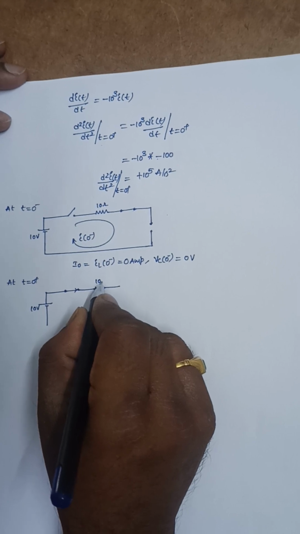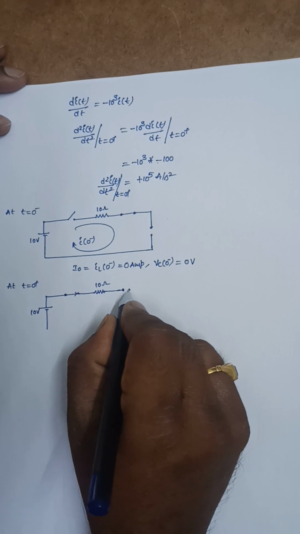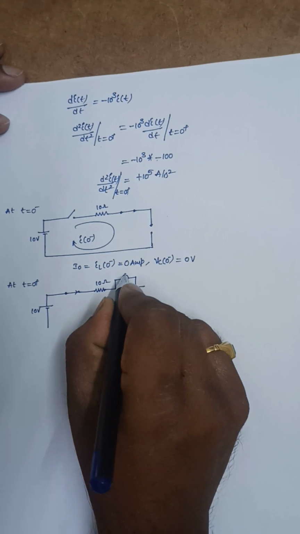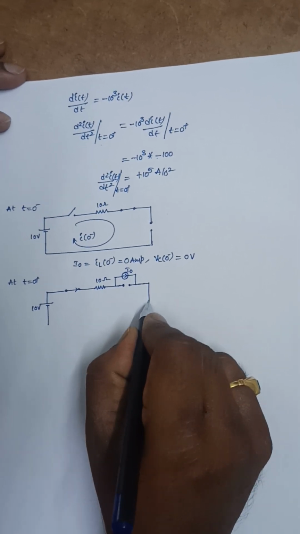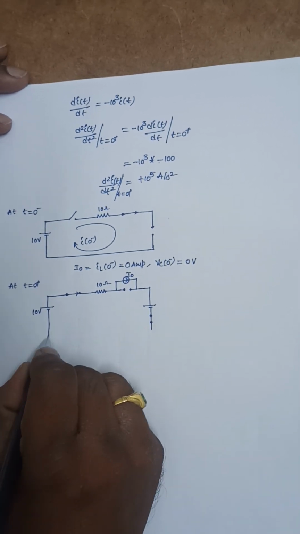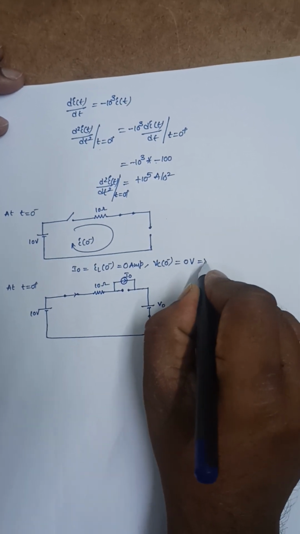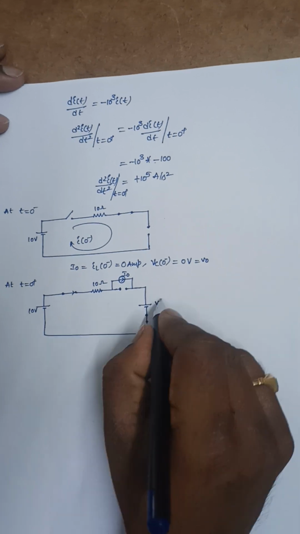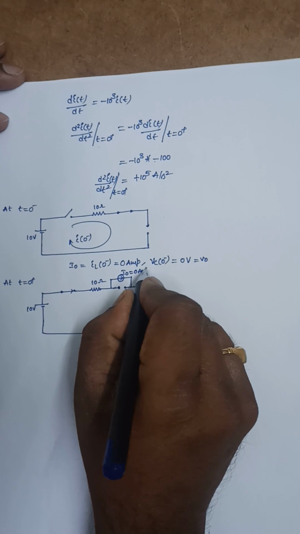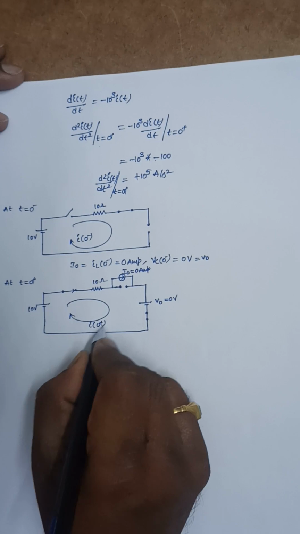The inductor will be represented with its equivalent circuit, that is I naught, and the capacitor will act as short circuited. This value is V naught, so this is 0 volts, so it will act as short circuit. It is 0 amperes, so it will act as open circuit, and this current is I of 0 plus.